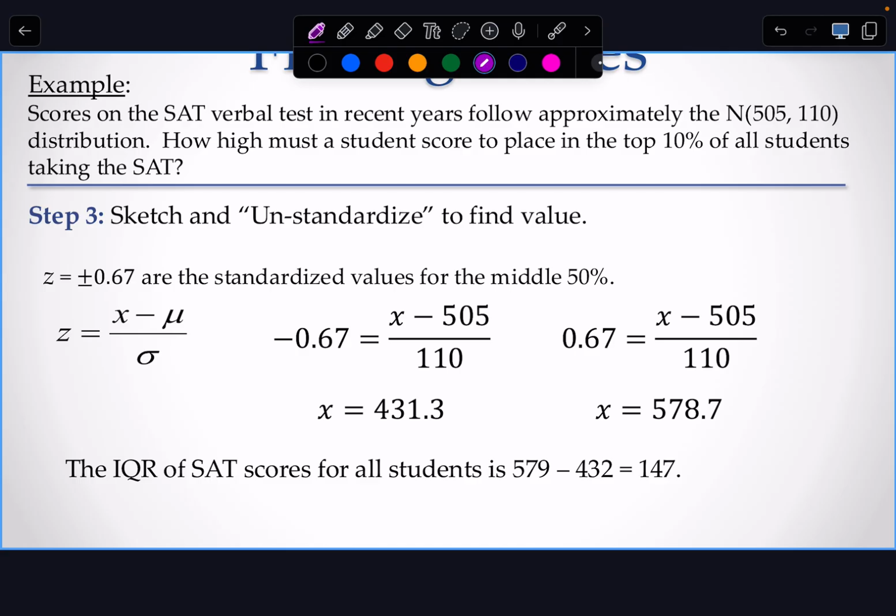This is one where I have to think about the context a little bit more. For SAT scores, they don't give decimal points, so they're whole number values. So when I convert this to the actual IQR, I need to account for that by giving whole number values. Now notice, when I calculate my IQR here, the 578.7 got rounded up to 579, which normally wouldn't be a big deal, because my normal rounding rules would have told me to do that anyway, right?